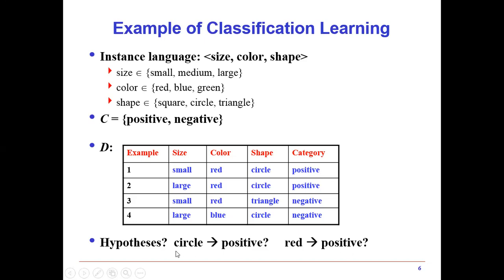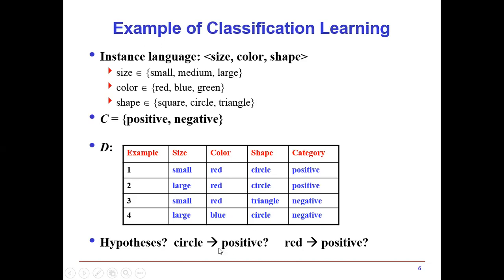Now we have to check whether each time the circle occurs in the rows, it results in positive or not. If you look at this, in the first two rows and the fourth row the circle occurs, but the class label the first two times is positive and the last time it is negative.